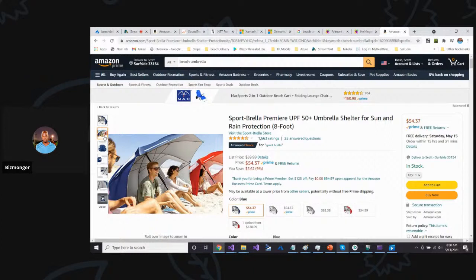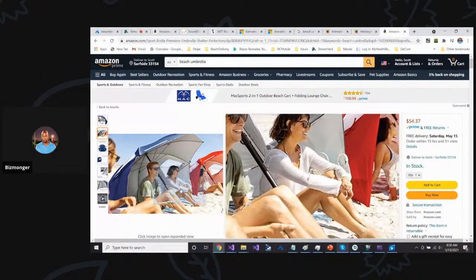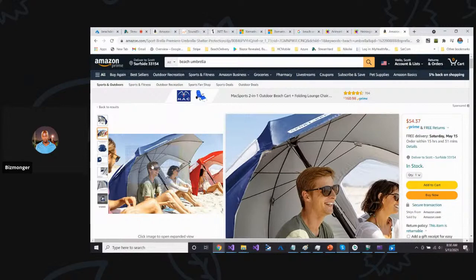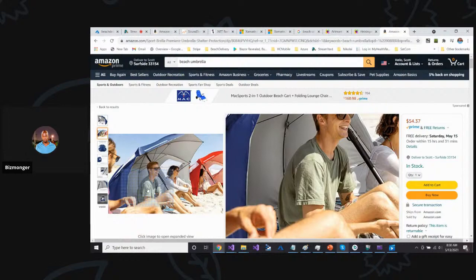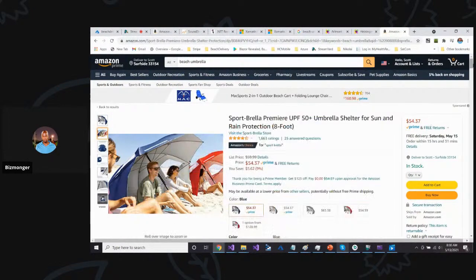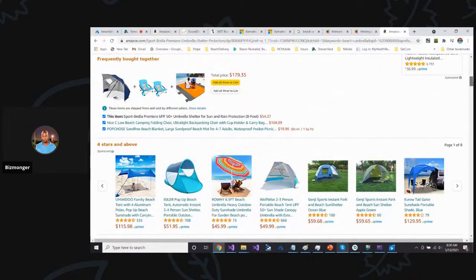I like it. Oh shoot, is it tall enough? That's the question. These are normal people. I'm tall. Would that still work? 8-foot umbrella canopy, oversized umbrella, heavy duty. There are some competing products.